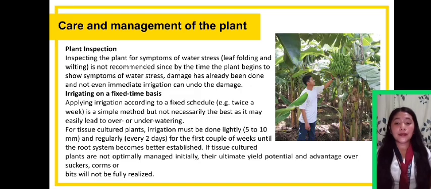Irrigating on a fixed time basis involves watering plants at regular, predetermined intervals regardless of soil moisture level or weather conditions. This approach can be beneficial for some crops, but it may not be the most efficient method for all situations.